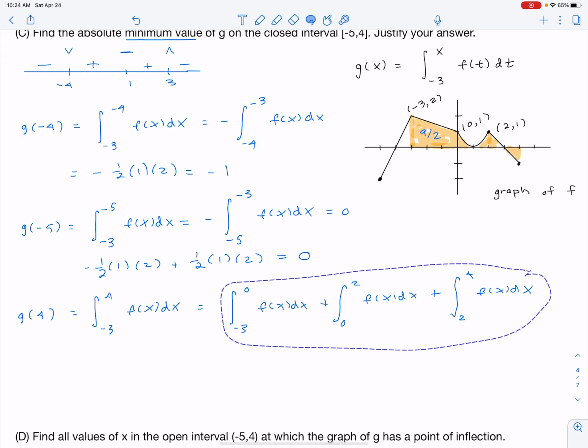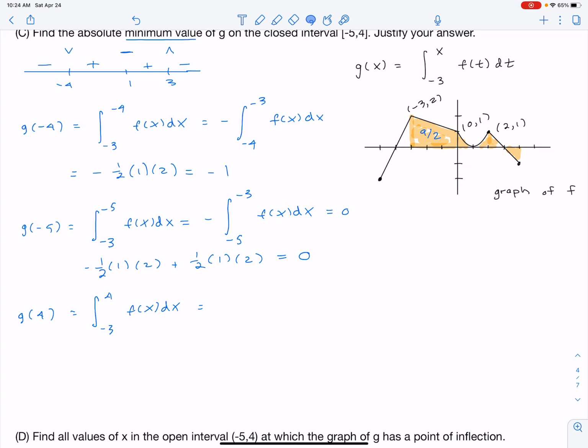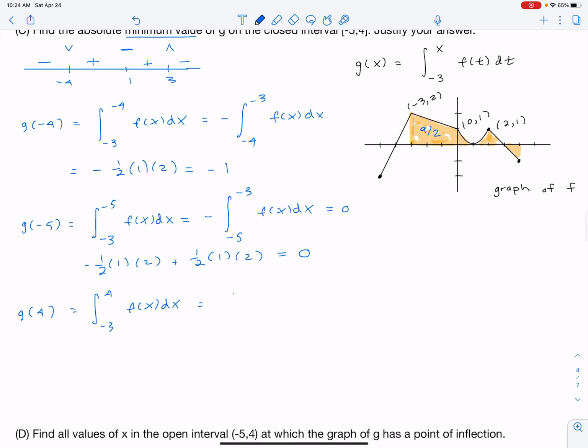So what I'm going to do instead is start doing my thing. I've got this first one, just so you can follow along with me. I'm going to take this first one because I already found it. So that is 9/2. I'm going to add it to this second one. We've done this before. I'm going to find the area of the rectangle and subtract the semicircle.